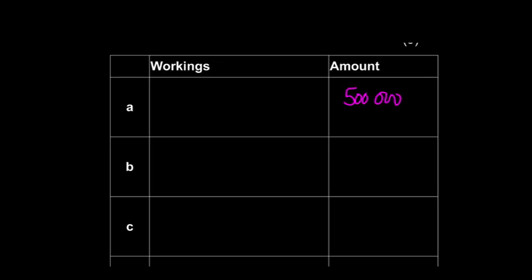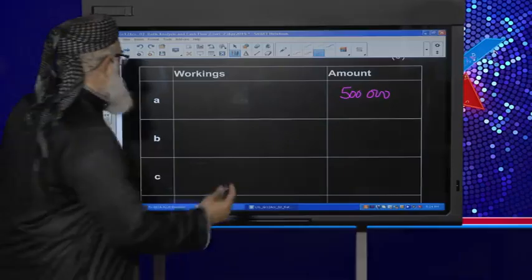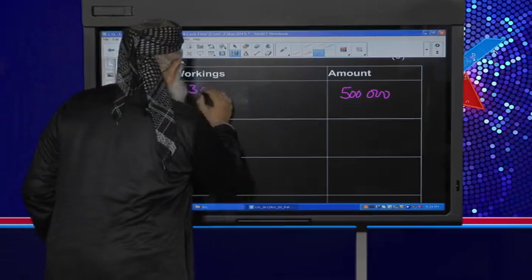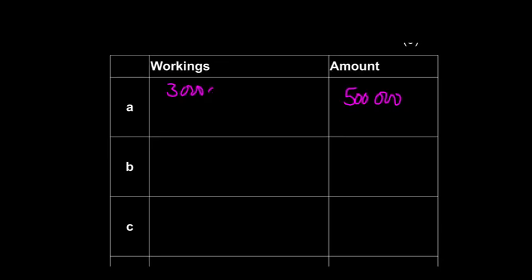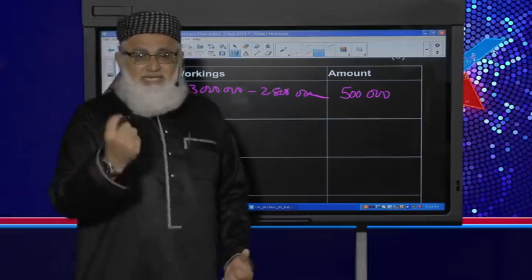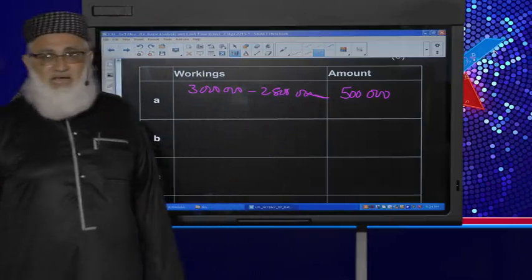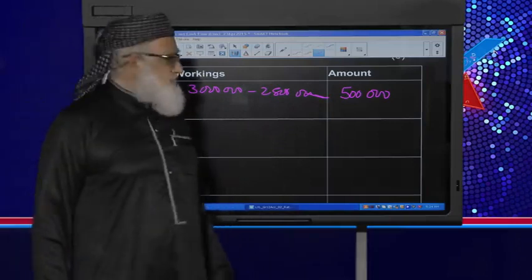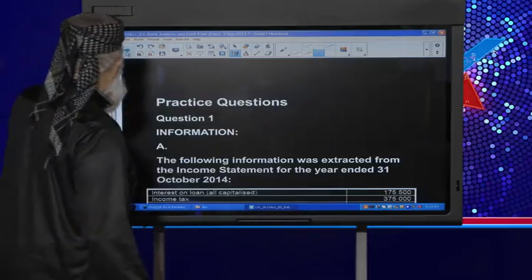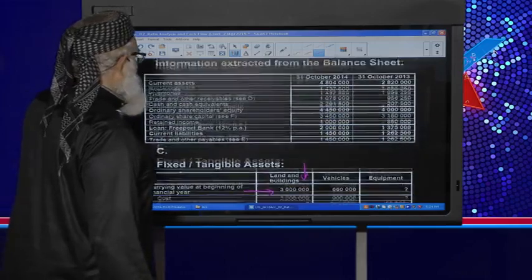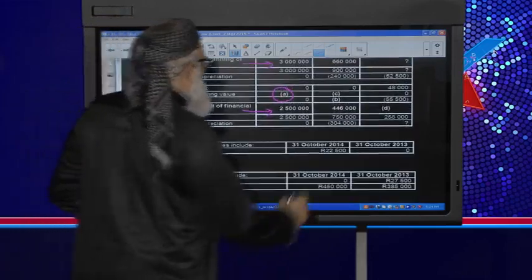We're not going to do the workings now, obviously, because we know. Okay, let's do it. It will be your 3 million, minus your 2,500,000. Clearly you can see there was a decrease in your land and buildings, indicating that you sold property to the value of 500,000 rand. Next question. We now have to work out component B.